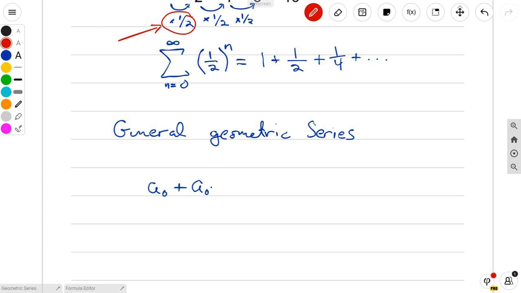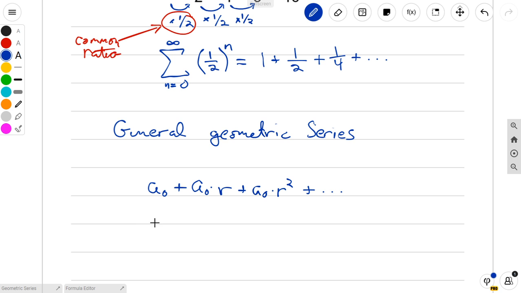For our example, our common ratio was 1/2, right? But here we're just going to call the common ratio r. So it's a sub 0 times r plus a sub 0 times r squared, and so on, infinitely.